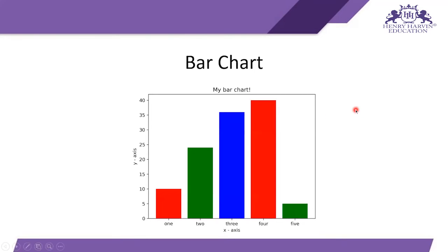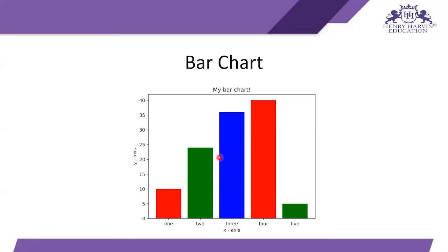Next comes the bar chart. If we have some bars, like the ages of five children, or the heights of people, or let's say the sales of TVs or electronics in five states, in that case we make a bar chart.